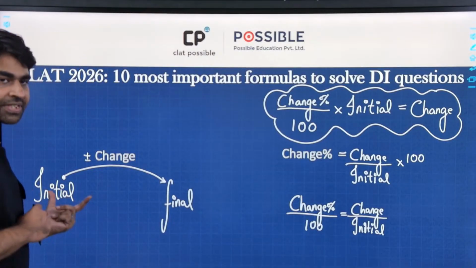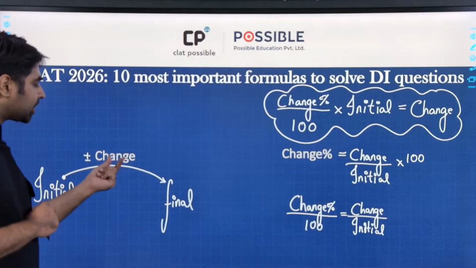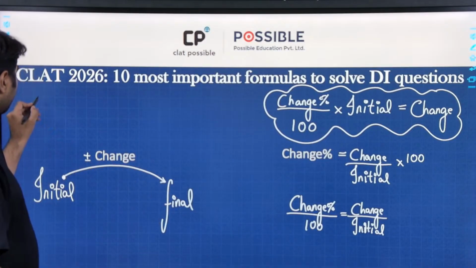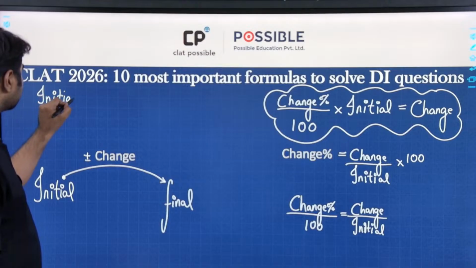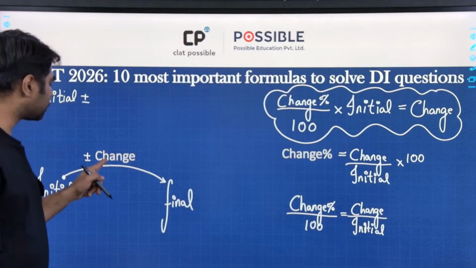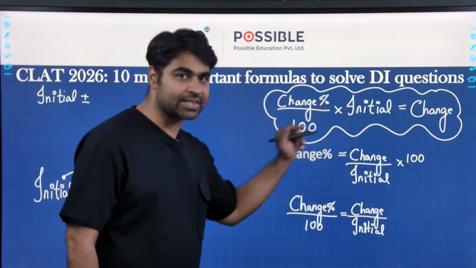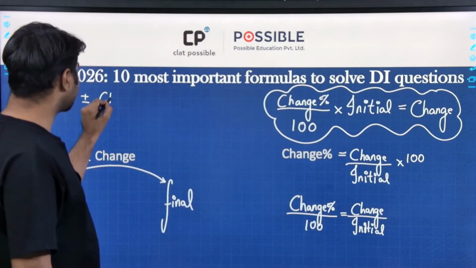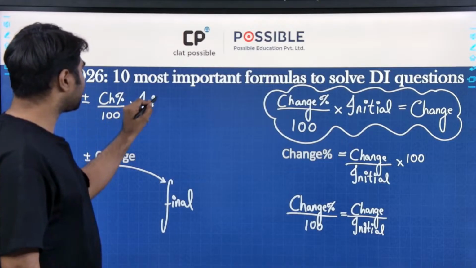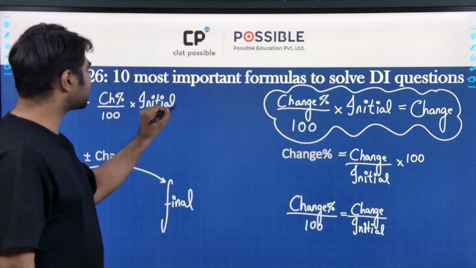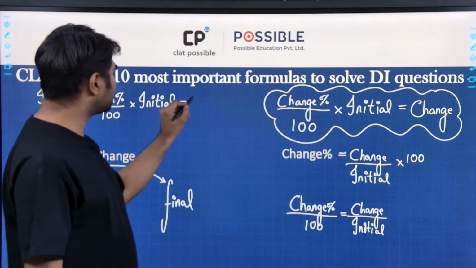Now you have also seen that initial plus or minus a change is called the final value. So if I write initial, plus or minus, what is the change, guys? The change percentage upon 100 into the initial is the change that happens, and that will be equal to the final value.